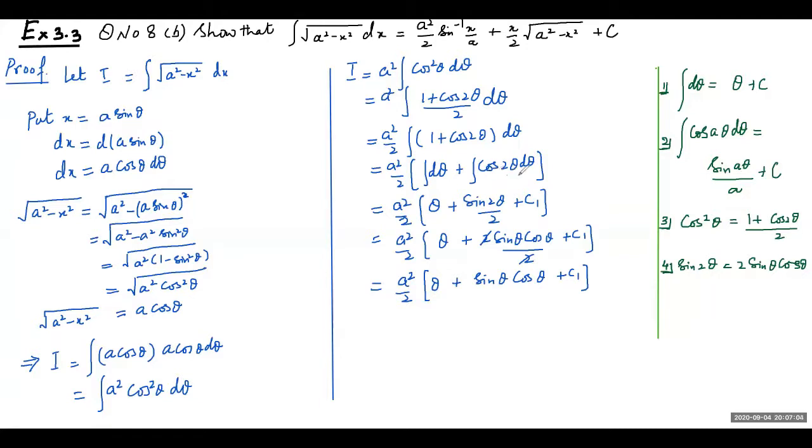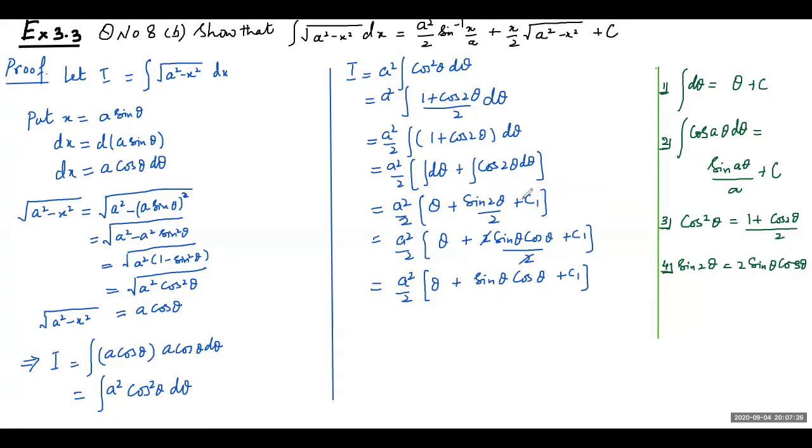Now to evaluate this integral, use this result: integral of cos a theta d theta equals sine a theta by a plus constant of integration. So you can see the integral of cos 2 theta d theta becomes sine 2 theta by 2. Integral of d theta becomes theta, and we have used one constant of integration, which is c1 here.